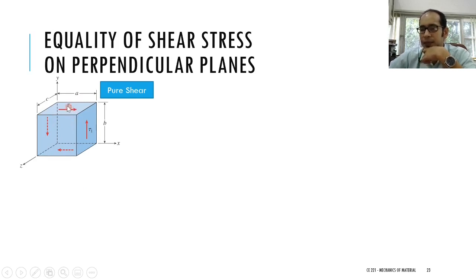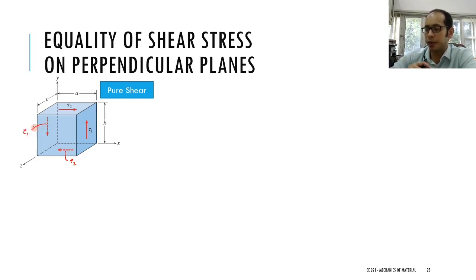From the perspective of equilibrium, if we have this tau 2 over here, you must have a force acting in the equal and opposite direction. So this one must also be equal to tau 2. Now we have the additional forces which are developing, which are tau 1 over here and the other force tau 1.